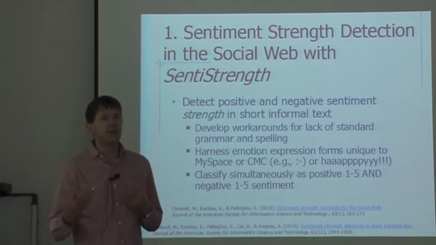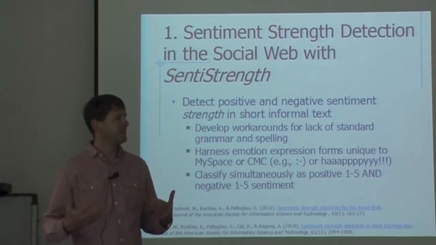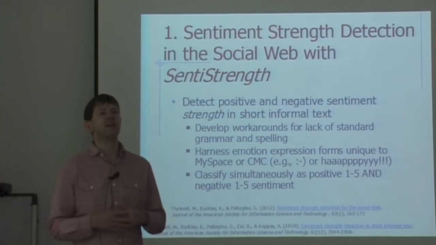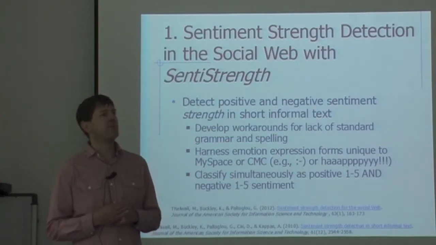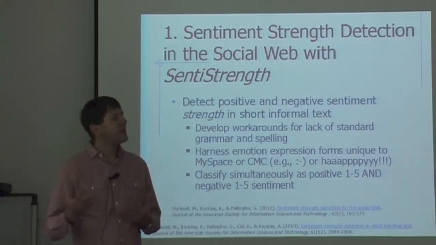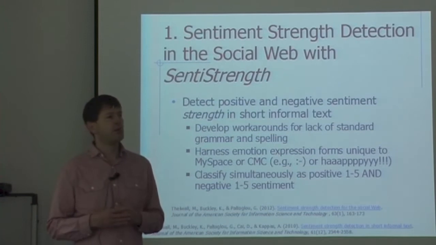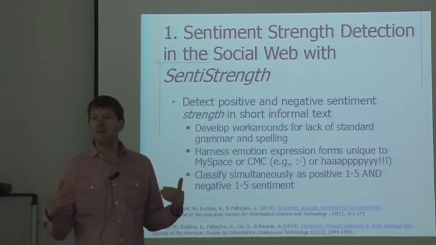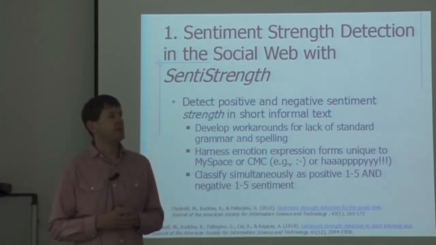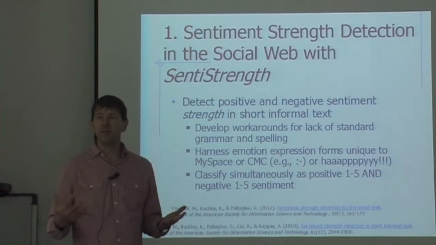So a lot of sentiment analysis programs start with the assumption that the grammar is perfect and that they'll be able to detect sentiment by decomposing the grammatical structure of the text. Whereas this program will accept text that is incomplete grammatically or technically wrong from a standard grammatical viewpoint. And that's quite important for social web text.